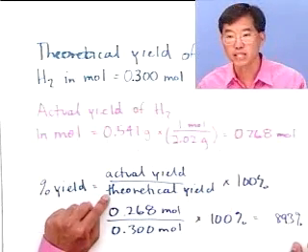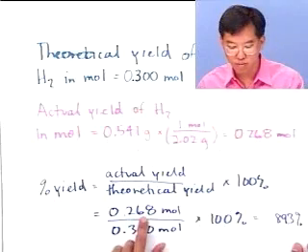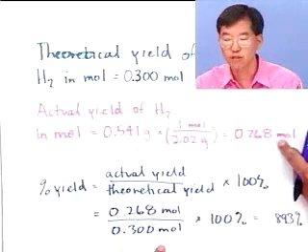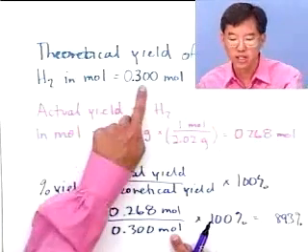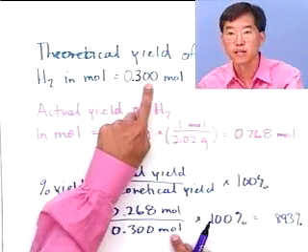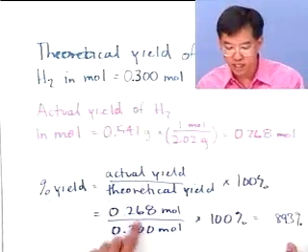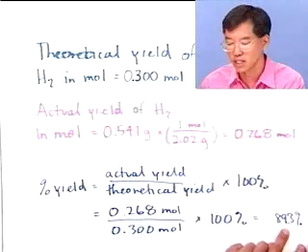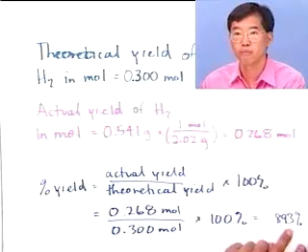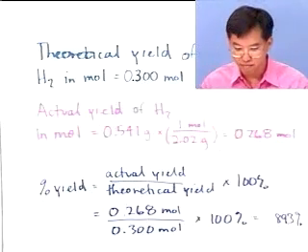This time, let's express everything in moles. So 0.268 is the actual yield in moles. 0.300 was the theoretical yield in moles. Right up here, remember we determined this from the limiting reagent. Divide these two, multiply by 100%, and we get that the percent yield was 89.3%.